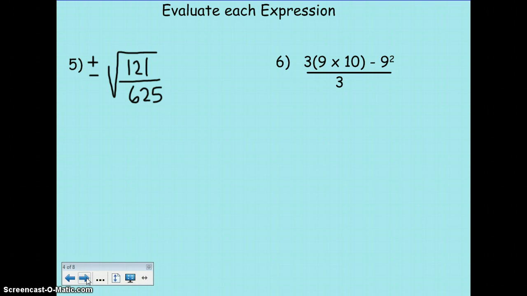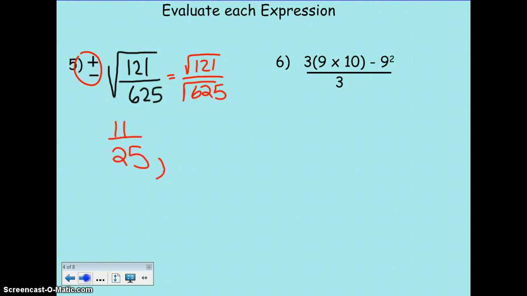In number 5, the symbols out front, they're asking for the positive and the negative answers to the square root of 121 over 625. Again, we mentioned last week that I could treat this like having the square root of 121 in the numerator and then 625 in the denominator, which would give us 11 25ths.